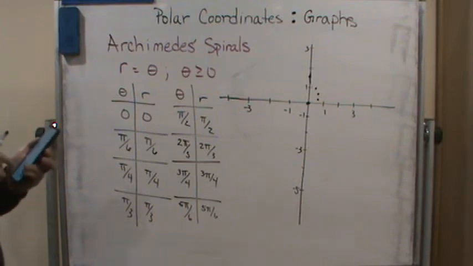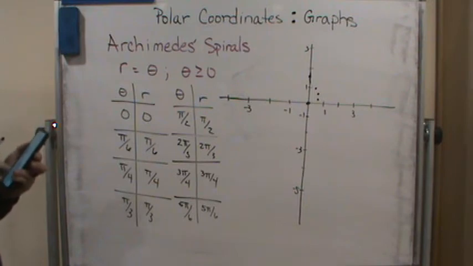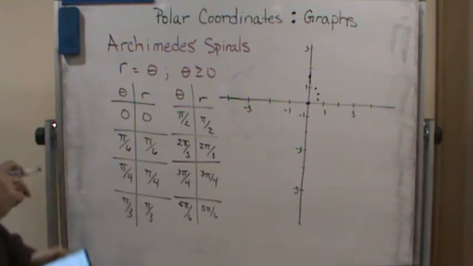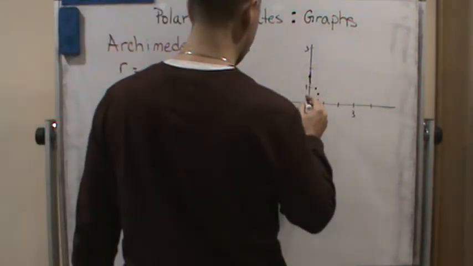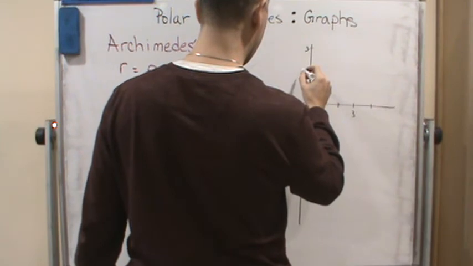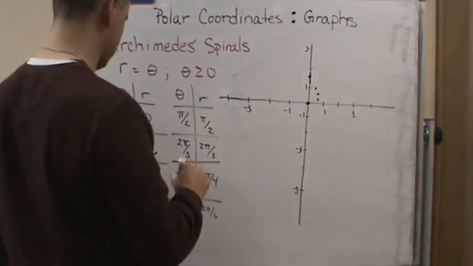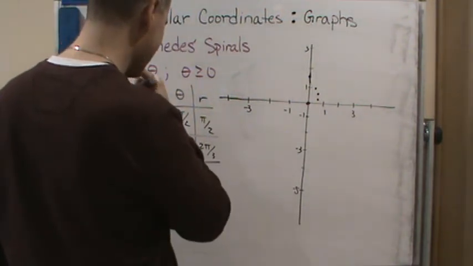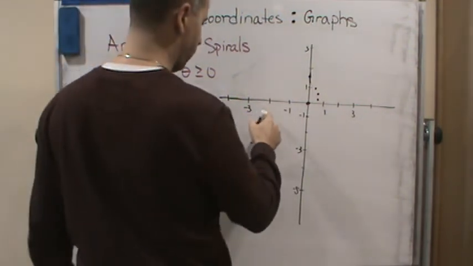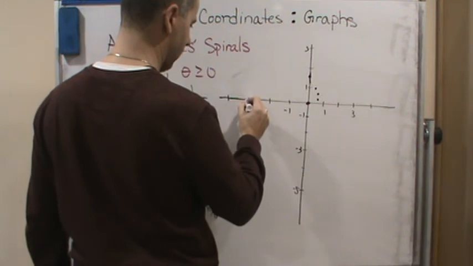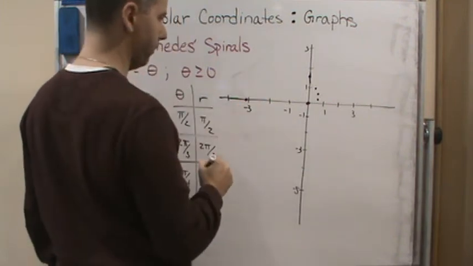And then 2 pi over 3 is 2.09. So what's going to happen here? Let's go to pi. So pi is going to be 3.14, so it's going to be about right there.